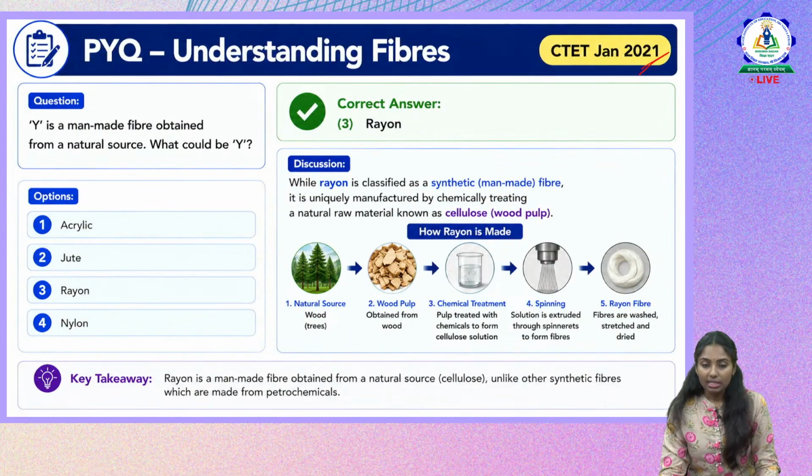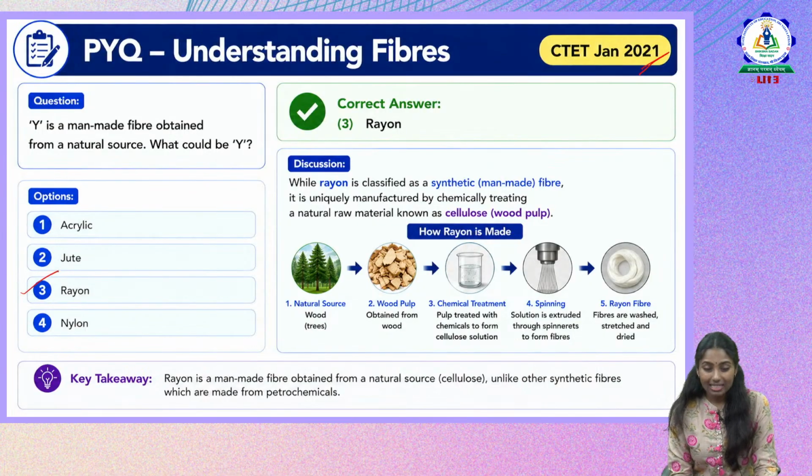We talked about 3 synthetic fibers if you remember: nylon, polyester and rayon. So this can be any of these. But we also talked about how there is only one man-made fiber which is obtained from a natural source, that is cellulose, that is rayon. So our answer is straight away rayon.